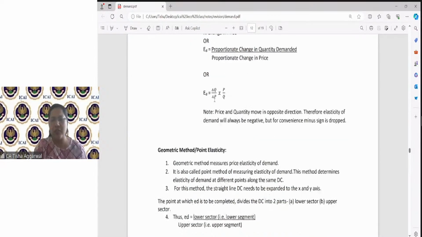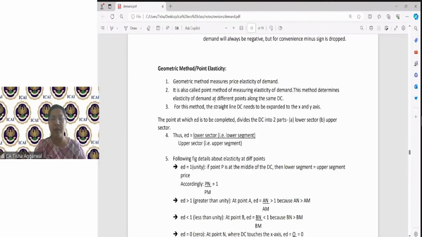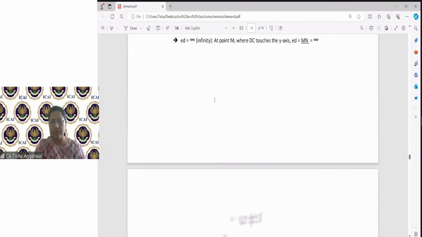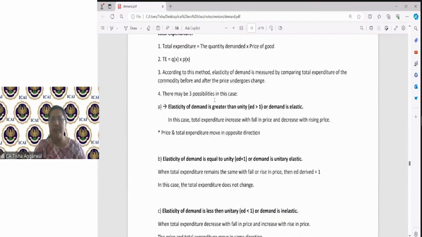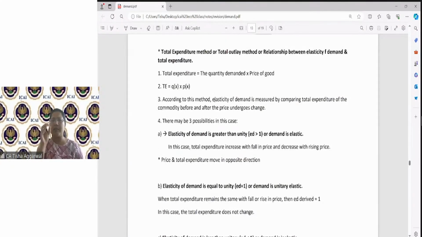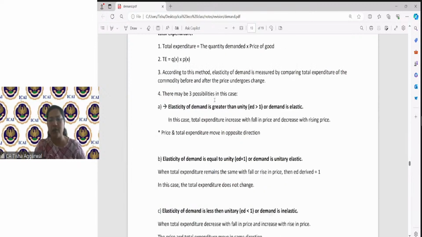Then in the point geometric method, also write a formula at one place: lower segment upon upper segment. Then for total expenditure, you can make a short summary: if both are moving in the opposite direction, then ED is greater than 1. If both are moving in the same direction, less than 1. And if expenditure does not change with the change in prices, then ED is equal to 1. Okay.